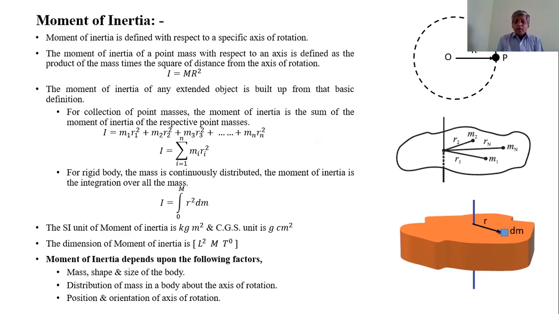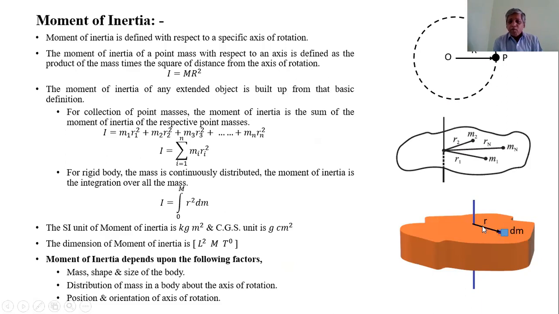At that time, we can find the moment of inertia by replacing summation with integration, and instead of the mass of single particles, we assume a small element having the mass dm, situated at a distance small r.